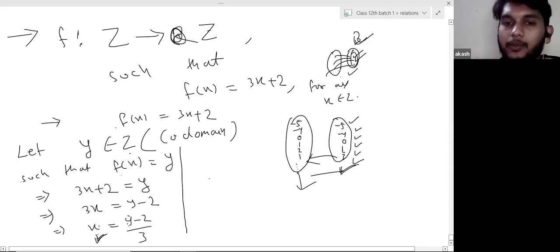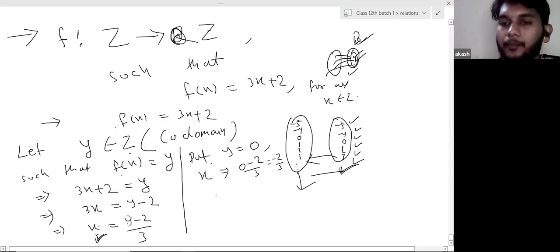But if you put y equal to 0, then you get x equal to (0 minus 2) upon 3, which is equal to minus 2 by 3. And minus 2 by 3 is not an integer, right? x is not an integer for y equal to 0.